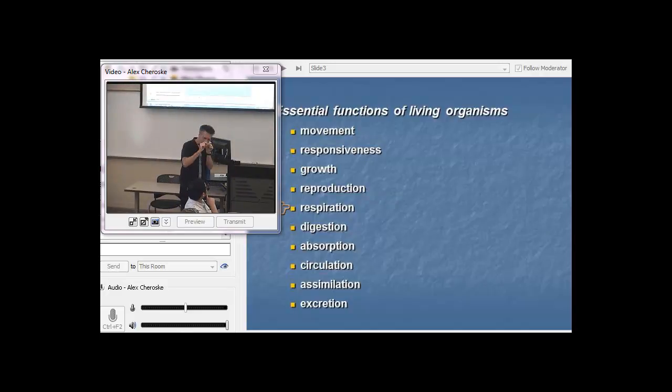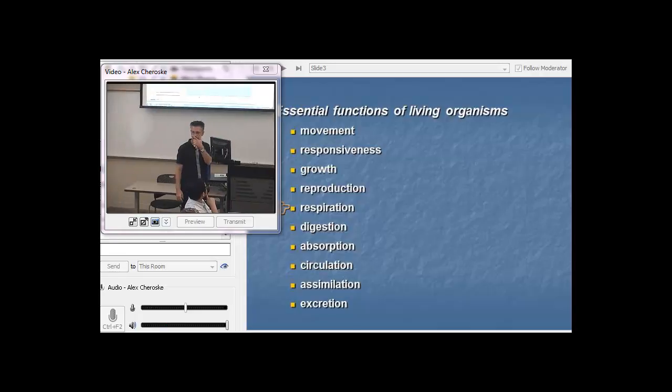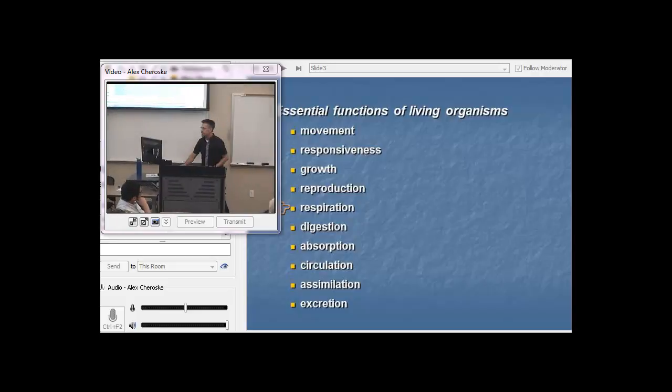So even on a microscopic level, it's like the cells in our body are running the show. We have this whole lungs and trachea and stuff like that in order to support all these billions of cells around the body that need the oxygen and need to get rid of the carbon dioxide. Okay, so we've got respiration. Then there is digestion. So digestion, we have a system for that.